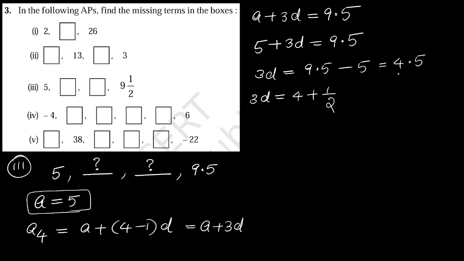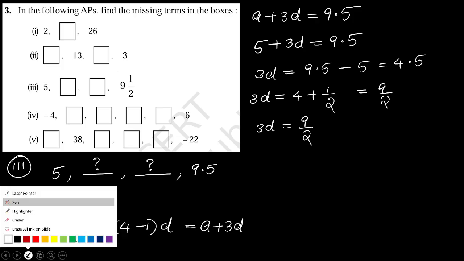If I keep the decimal, division will be hard. So 4 into 2, 8, 8 plus 1, 9 by 2. 3D equal to 9 by 2.